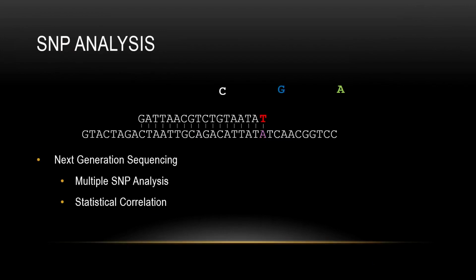And you can do multiple SNP analysis, so you can check for several SNPs at once. So it's quite fast. And it just gives you a statistical correlation of which person has which SNPs and looks like what. And soon, maybe we could also do whole genome sequencing and then check for the bases that are mutated.